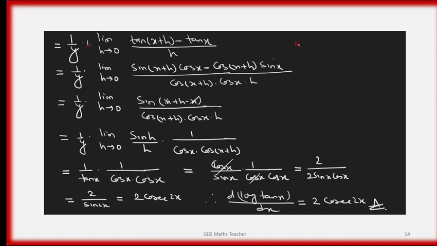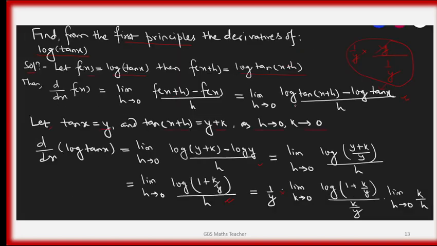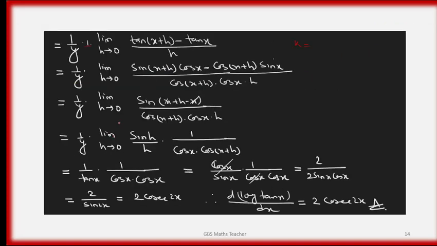What is k? Here you can see tan of x plus h is y plus k, and tan x is y, that's why k is tan of x plus h minus y, which is tan x. That's why in this step I have written tan of x plus h minus tan x by h.